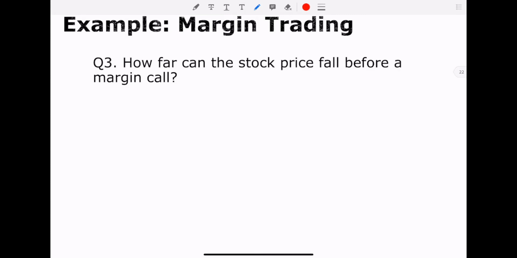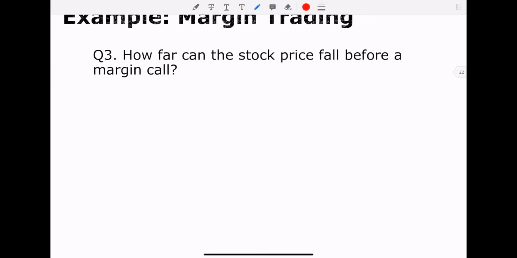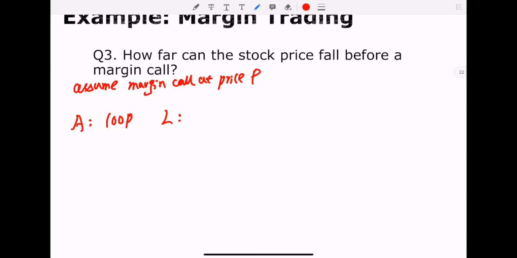Now, let's assume a margin call at price P. If the stock price is P, then your asset is 100P, because again, you still have 100 shares. What is your liability? Well, it's still 4,000. What is your equity?